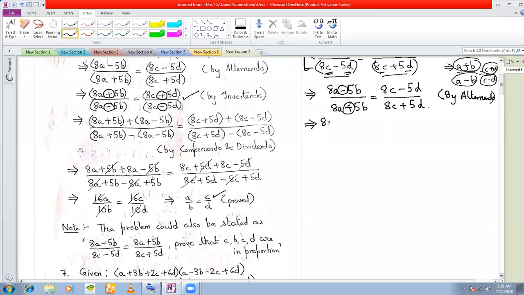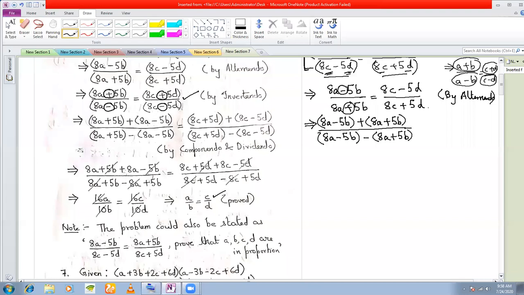So this time here I have the numerator of the first fraction plus the denominator, divided by numerator minus denominator.